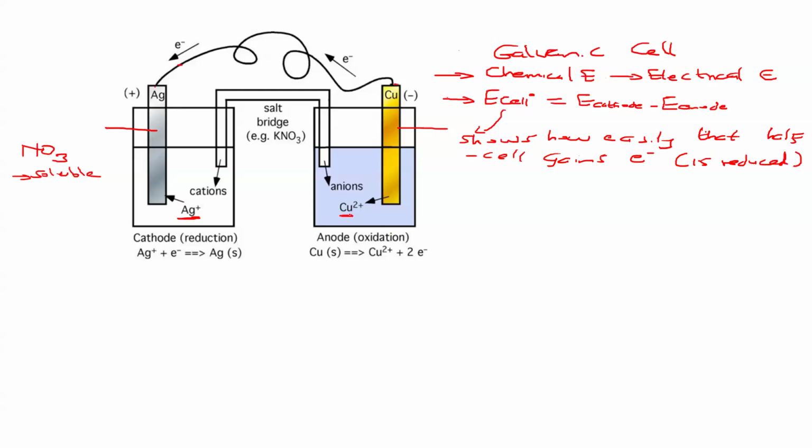I want you to have this cheat sheet: the more positive the E, the stronger the tendency to be reduced.